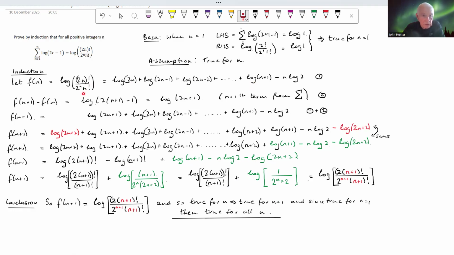The last n terms from n factorial, n minus 1 factorial, and so on down to 1 will cancel out from the numerator. So it just leaves us with those terms.